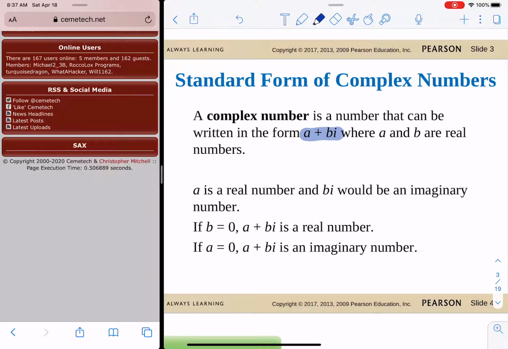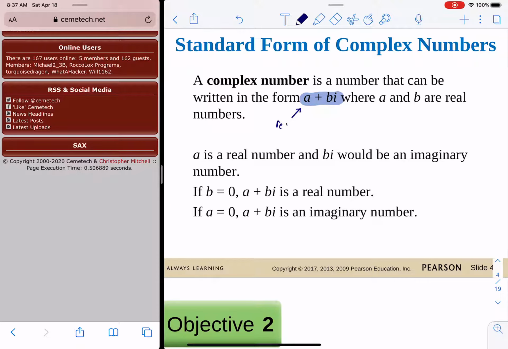So a is a real number, and b by itself is also a real number, but b times i put together is a complex number. And when you add it to a, that entire thing would become a complex number.